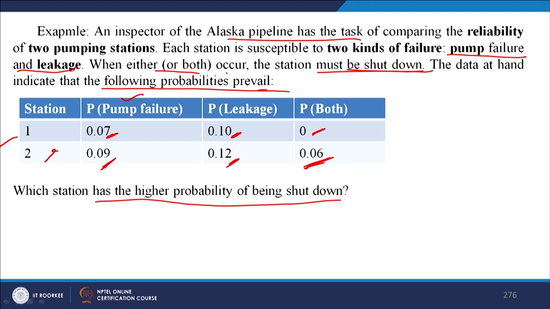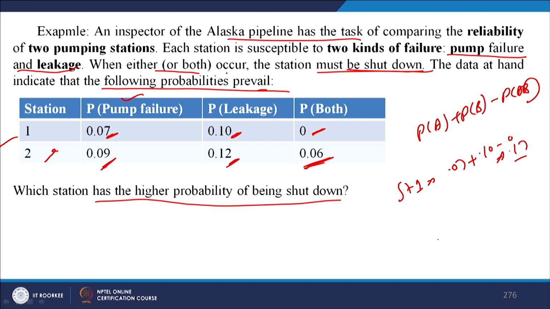So, either this may happen and this may happen or both may happen, right. So, again this is P(A) plus P(B) minus P(A and B), is not it. So, for station 1, 0.07 plus 0.1 minus 0. So, this becomes 0.17, is not it.